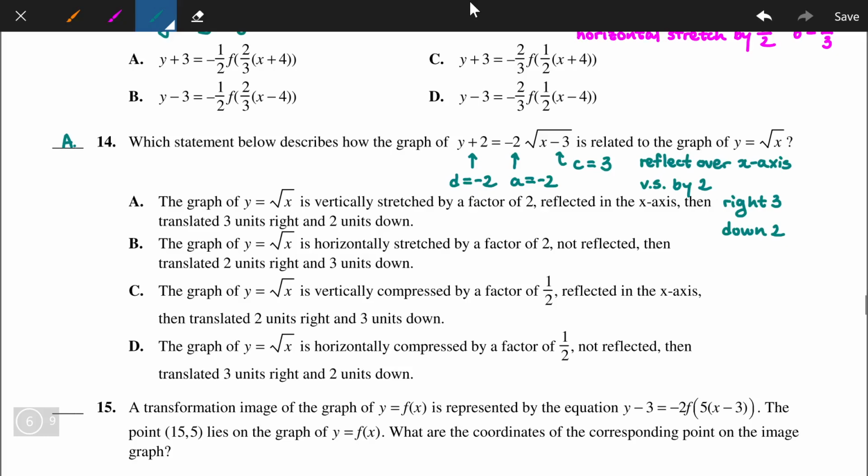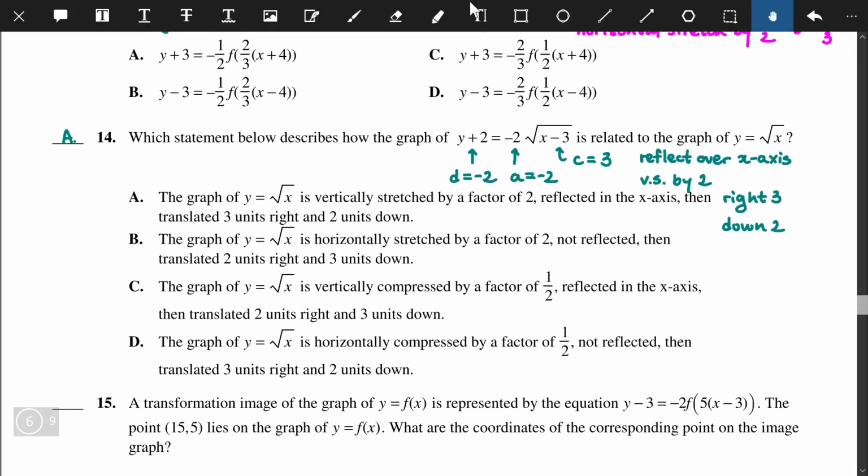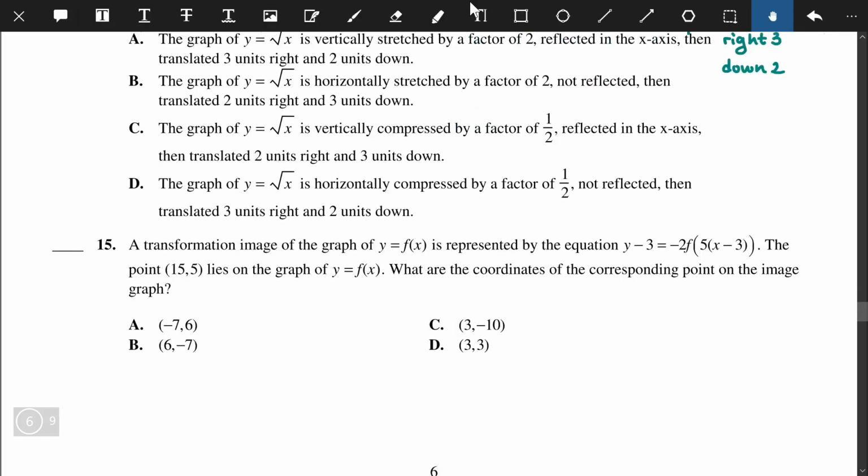And finally, question number 15. A transformation image of the graph y equals f of x is presented by the equation y - 3 = -2f(5(x - 3)). If the point (15, 5) lies on the original function y equals f of x, what are the coordinates of the corresponding point on the image graph?